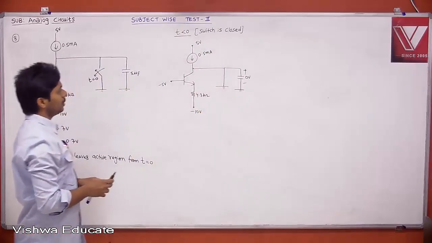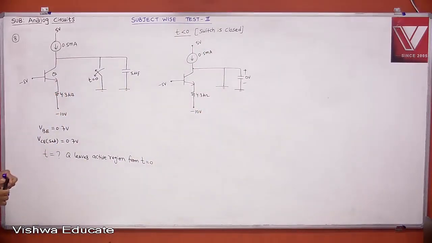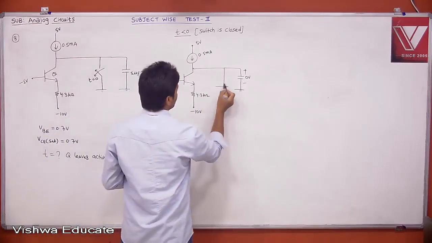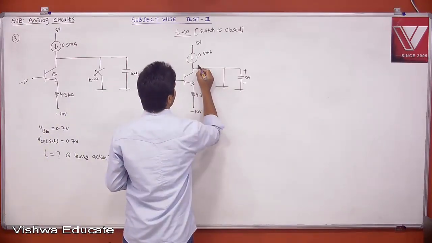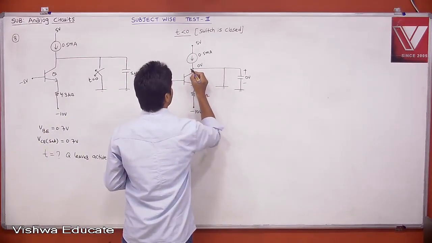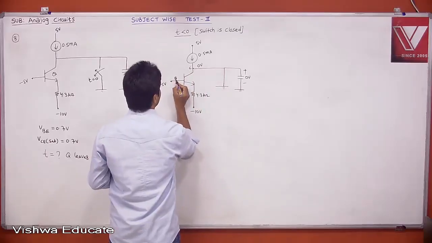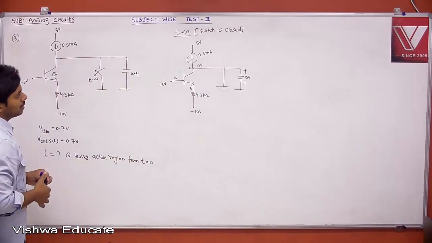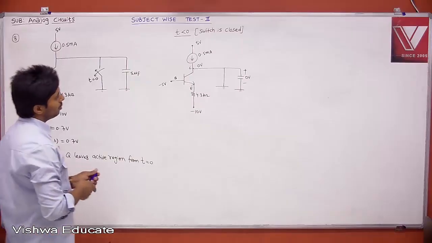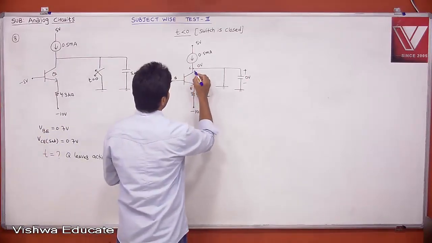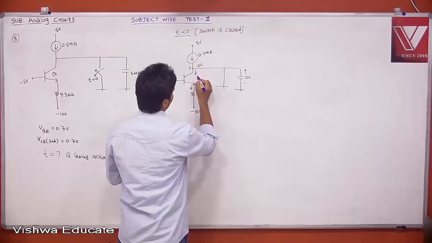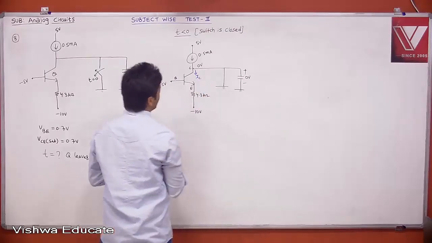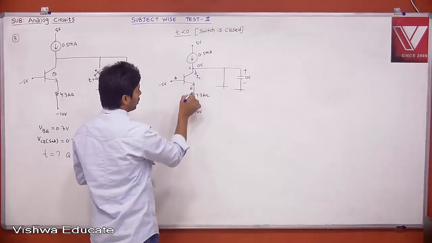Okay. Now, let's analyze. Therefore, this is also 0 volt because this is 0. This is nothing but 0. This is also 0 volt. This is nothing but your collector. This is your base. This is your emitter. Now, let's see what is the collector current, IC. The same current is almost flowing through IE.